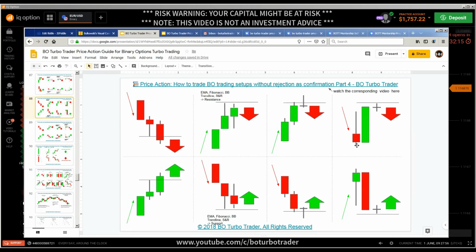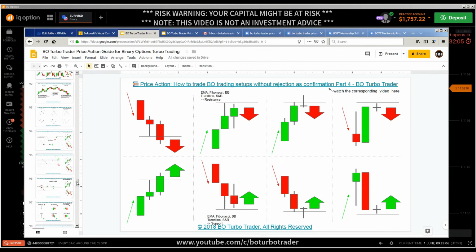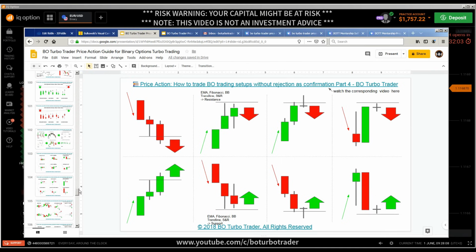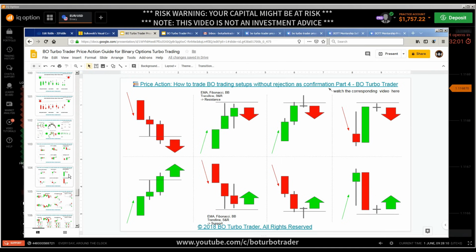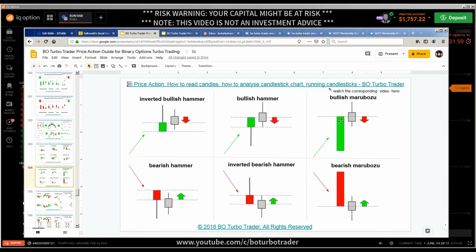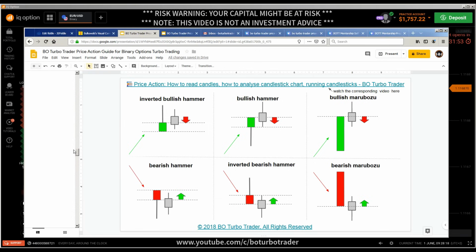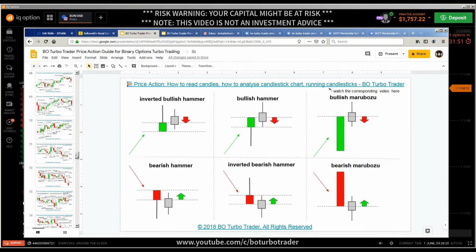No rejection trading setup. Here: no rejection, big candle, weak candle, resistance, reversal. You can see this also here, where I have explained this one. You see a big bullish Marubozu candlestick, then we got a weak candle, and then we got the reversal. That is what this is about.